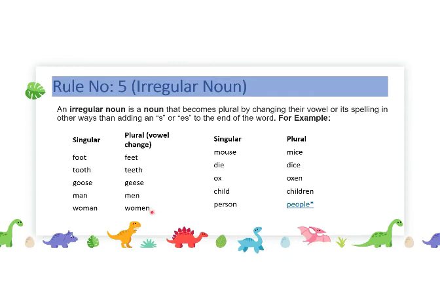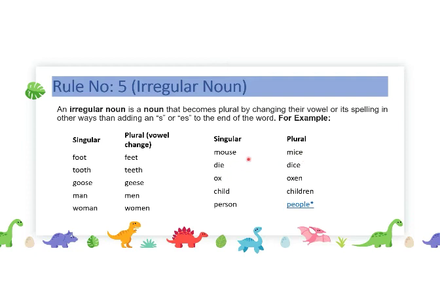So now we will understand the other way of irregular nouns, that is by changing the spelling itself. So, the first one is mouse. When we talk about mouse, it will change to mice, right? Mouse to mice.